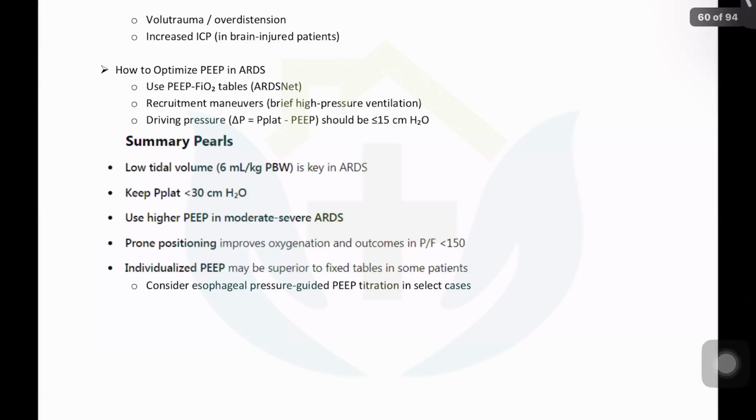Using higher PEEP in moderate to severe ARDS. Prone positioning improves oxygenation and outcomes if PF ratios are very low, that is less than 150. Individualized PEEP may be superior to fixed tables in some patients only, like obese or very thin. And then, as one of the doctors was saying, you can monitor esophageal pressure to guide the PEEP titration in selected cases.